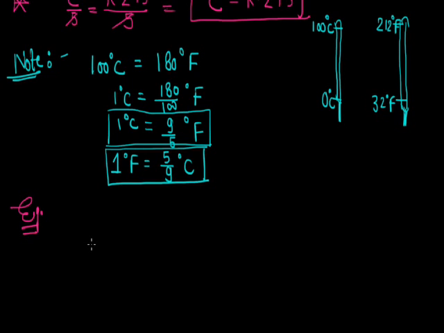Example: a rise in temperature of 30 degree on the Celsius scale is equal to a rise in temperature of 9 by 5 into 30, equals 54 degree on the Fahrenheit scale.